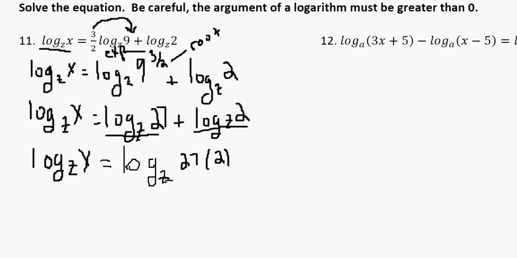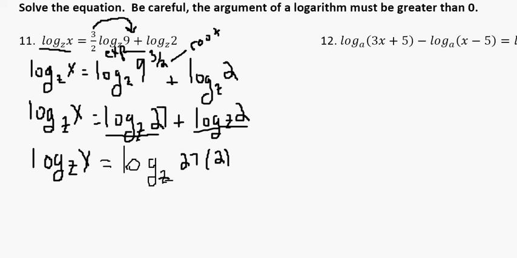Now at this point, if you remember correctly, when we did exponentials, we made the bases the same. And once the bases were the same, for the two sides of the equation to be equivalent, the exponents had to be the same. Same thing here.